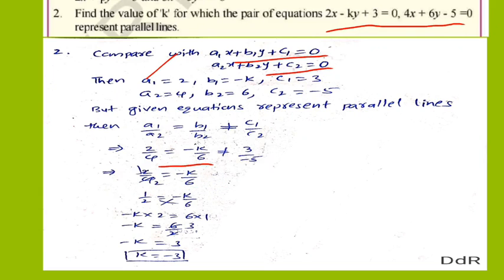So 1 by 2 equals minus k by 6, do cross multiplication. So then the k value is minus 3. So when you substitute k equals minus 3 in the given linear equations, they will definitely represent parallel lines. Okay, so our required k value is minus 3.